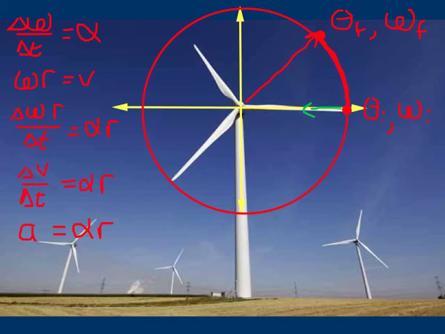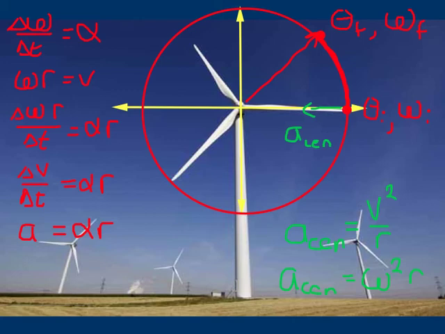It points inwards and is called centripetal acceleration. So centripetal acceleration is equal to v squared over r. It's also equal to omega squared times r. You can actually prove this for yourself if you're interested in doing that.